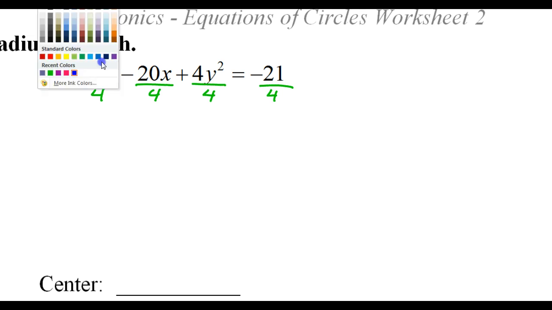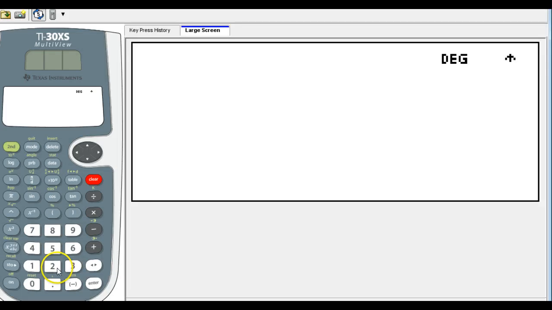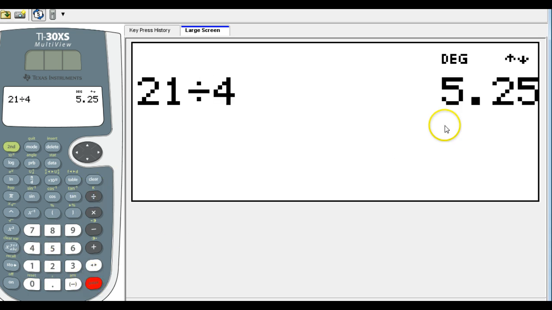So that's going to give me x squared minus 5x, plus y squared. I'm going to go ahead and leave a space right now for my x's over there. So plus y squared is equal to negative, let's see, 21 divided by 4. Okay, that's 5.25.